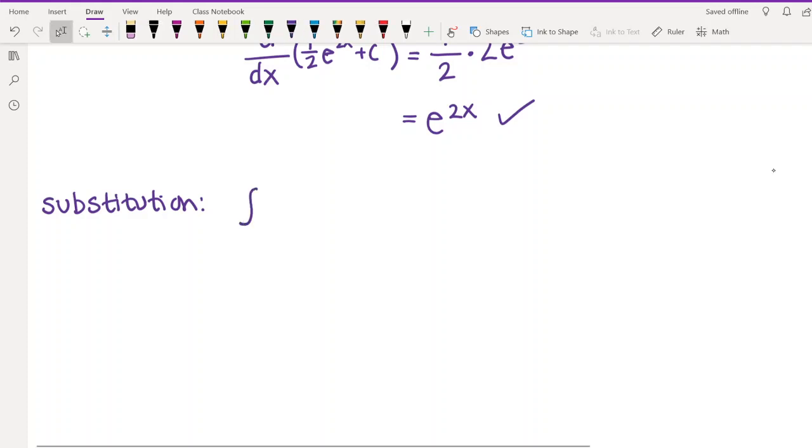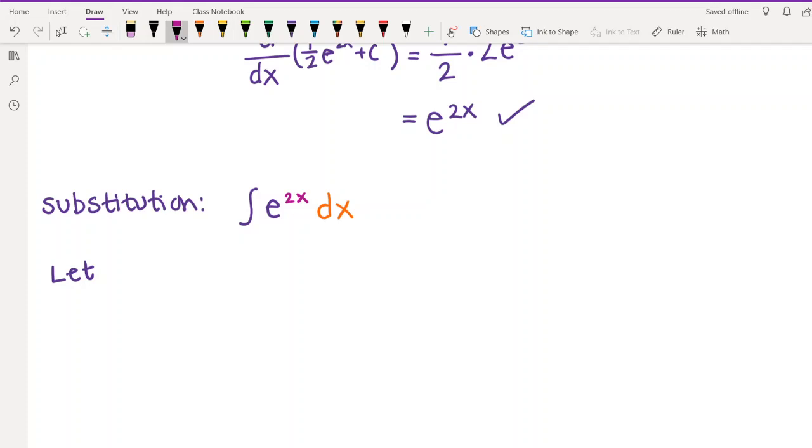So our function that we're trying to integrate, we have e to the, and I'm going to use a different color here to emphasize what's going on, e to the 2x, and then I'm also going to use a different color for dx, and we'll see why. The substitution we're going to make is we're going to let, and typically you use the letter U for substitution. You can use a different letter if you want.